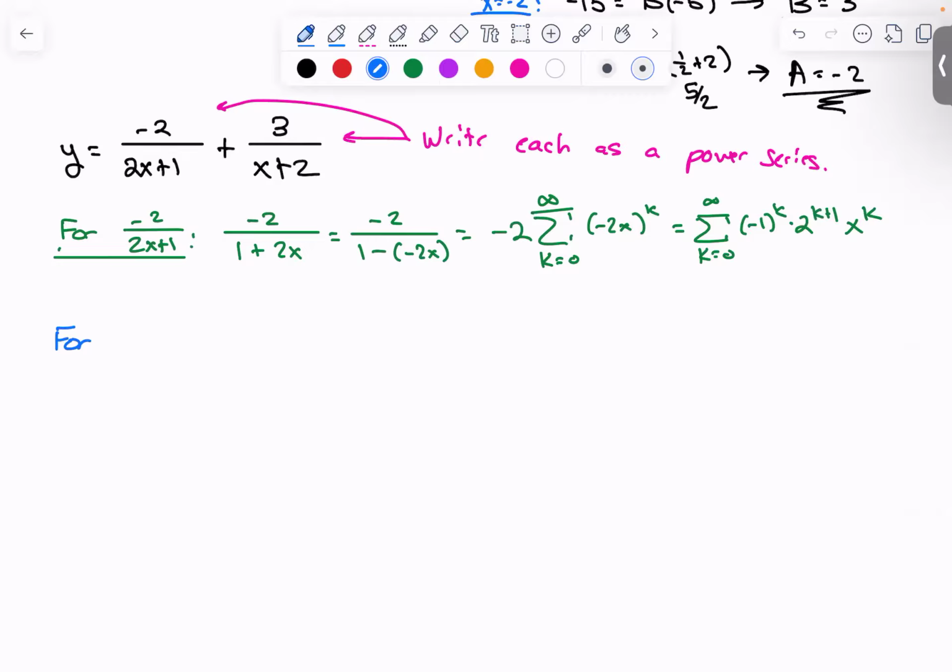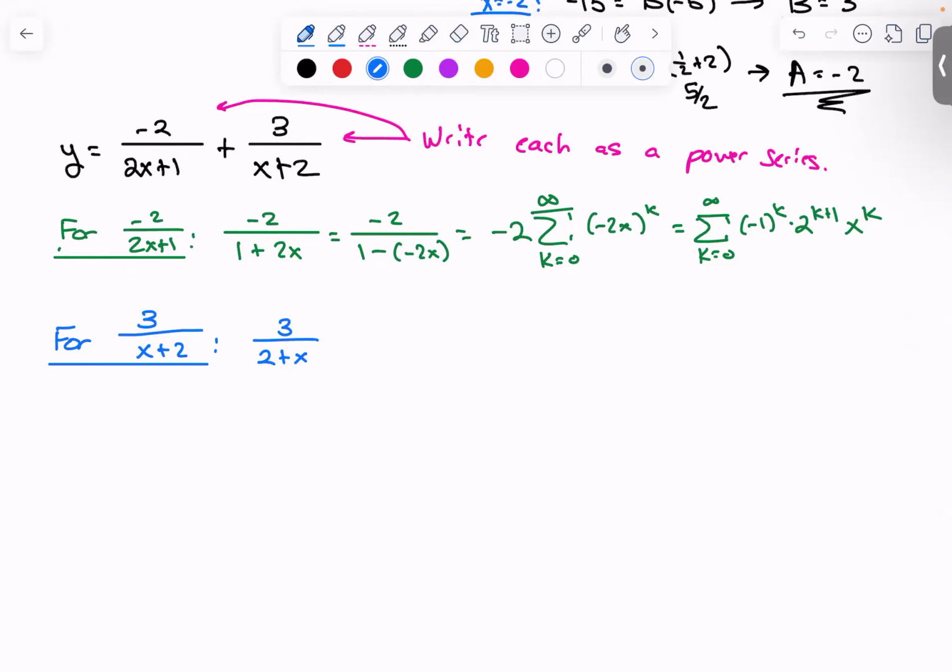So I need to also write it with a center at 0, for 3 over x plus 2. Three over 2 plus x. That's in the proper format-ish. But the problem is it needs to be something like ideally 1 over 1 minus block.